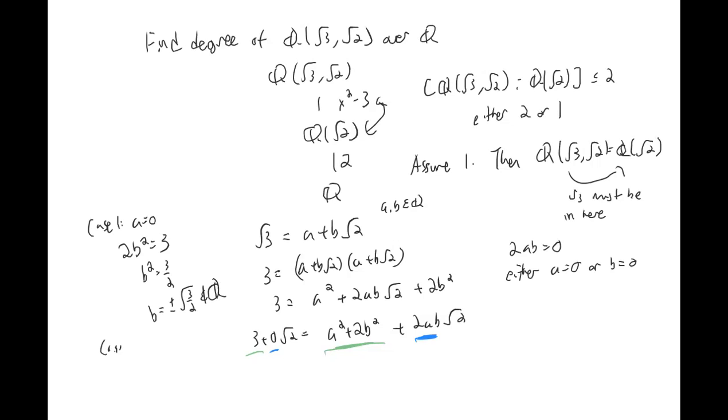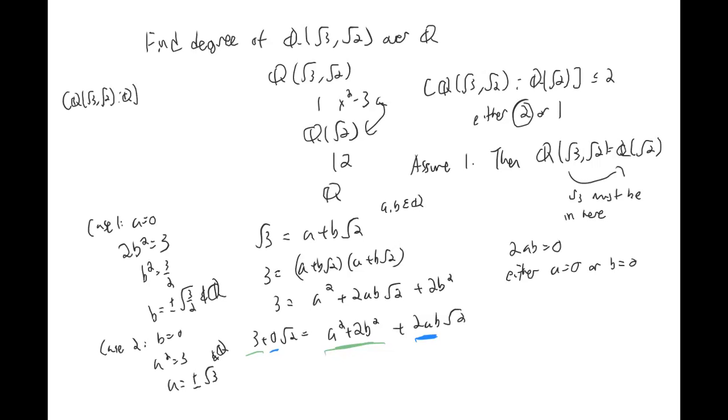And same argument for the other one. If B is 0, then A squared is 3, then A is plus or minus root 3, and this is not in Q. So you see root 3 cannot be in this field. So this must be a degree 2 extension, in which case the Tower law tells me what?